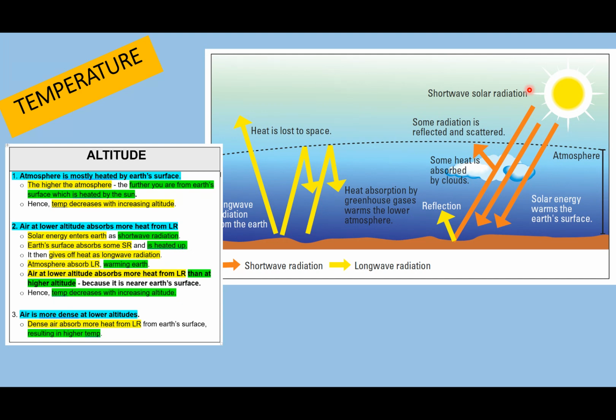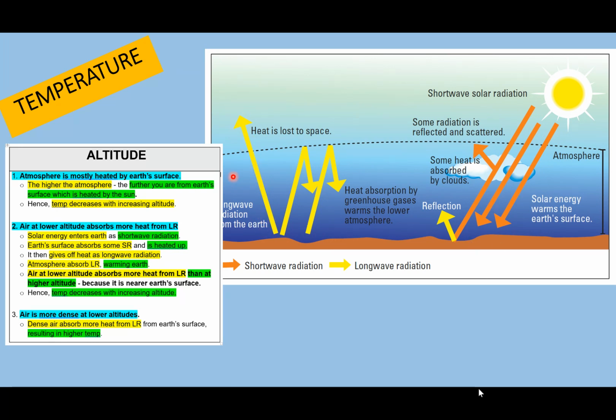Another reason is that air at lower altitude absorbs more heat from the long-wave radiation. Solar energy enters the Earth as short-wave radiation. The Earth's surface absorbs some short-wave radiation and is heated up. It then gives off heat as long-wave radiation.